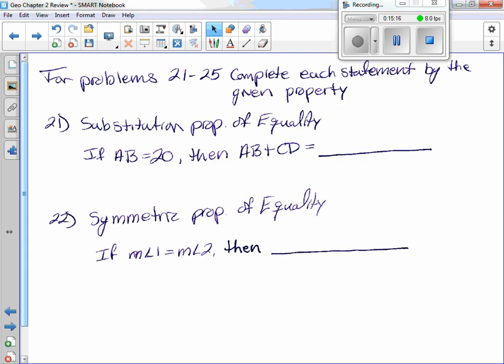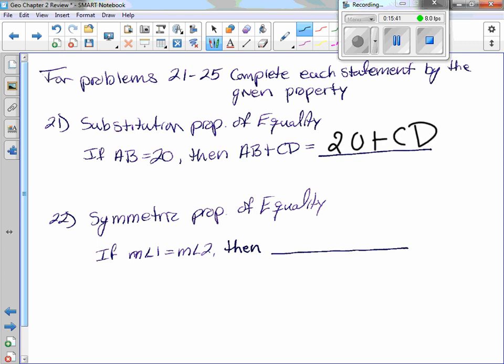Complete the statement. So this here, this was on your homework assignment. Do y'all remember doing these? Yes? Substitution property says I can substitute something in for what it matches. If AB equals 20, then AB plus CD is equal to... AB is 20.